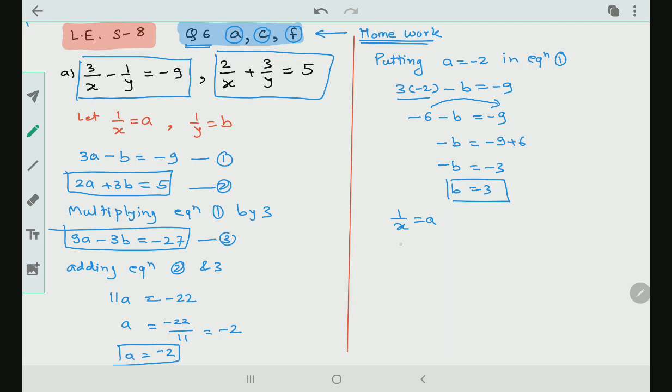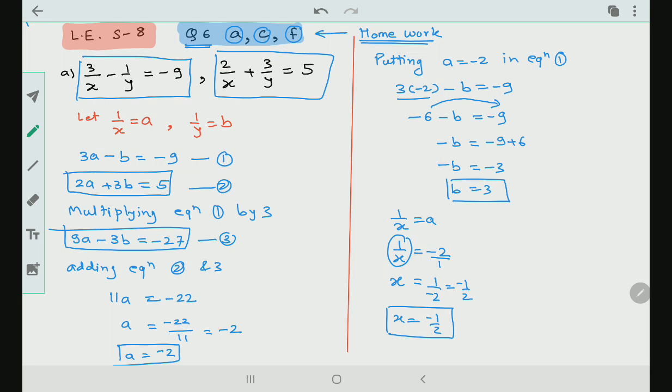So 1 upon x is equal to a, which is minus 2. Taking the reciprocal of both sides, 1 upon x becomes x, and minus 2 upon 1 becomes 1 upon minus 2, or minus 1 by 2. So what do I get? x is equal to minus 1 by 2.